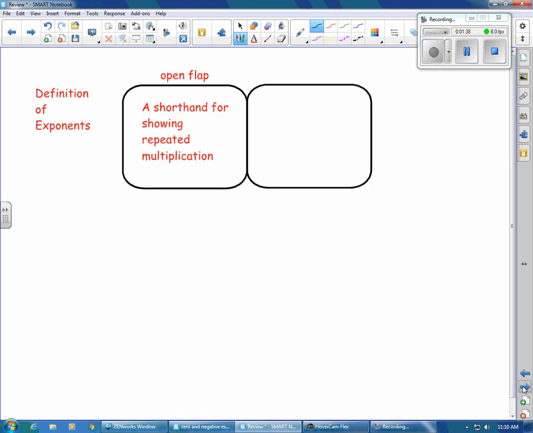Moving right along, definition of exponents. On the open flap part, you're going to write: an exponent is a shorthand for showing repeated multiplication. What does that mean? Let's do an example.